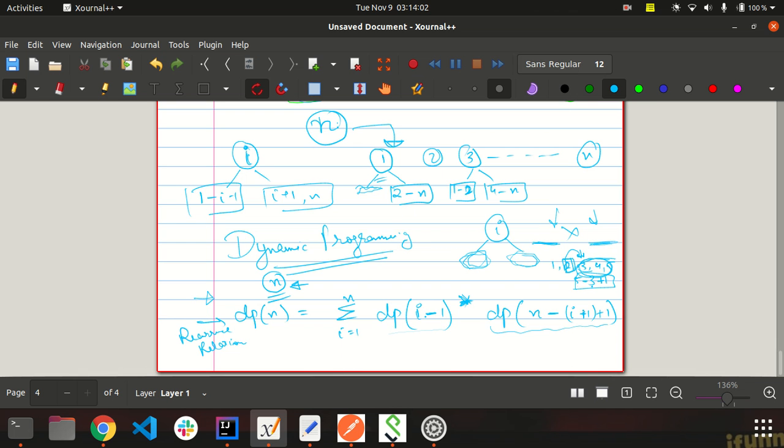That is what we are signifying here. And for the left side, we can directly write it as i minus 1, right? So when we solve it, we get dp of i minus 1 times dp of n minus i, since the plus 1 terms cancel out.